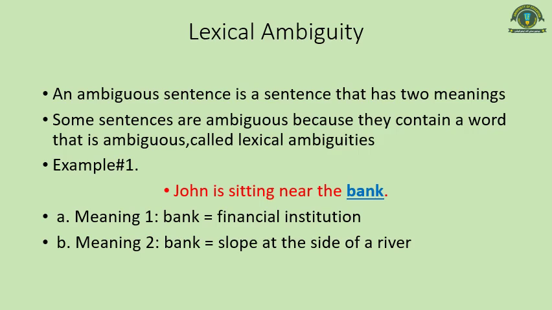Now the word bank, which is a lexicon, is creating ambiguity about whether John is sitting near the financial institution or he is sitting at the side of a river. So this lexicon bank is creating ambiguity, hence it is called lexical ambiguity in a particular sentence.